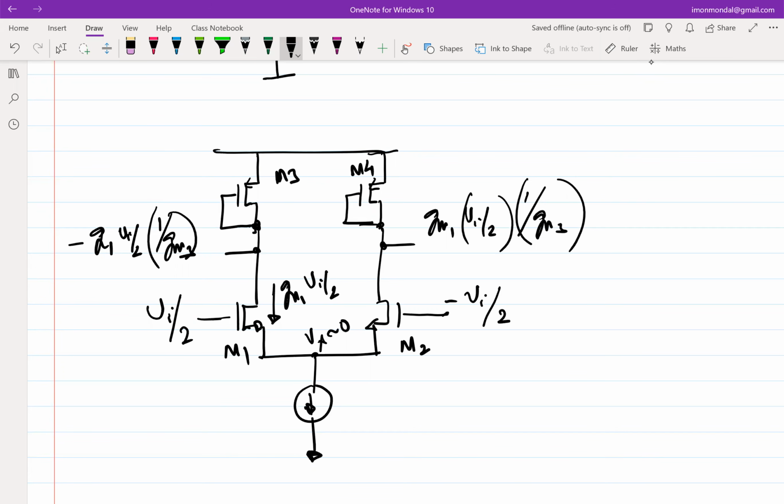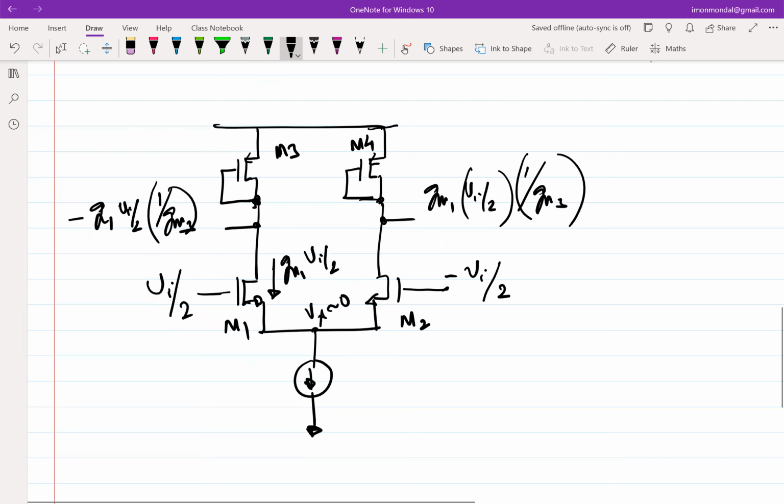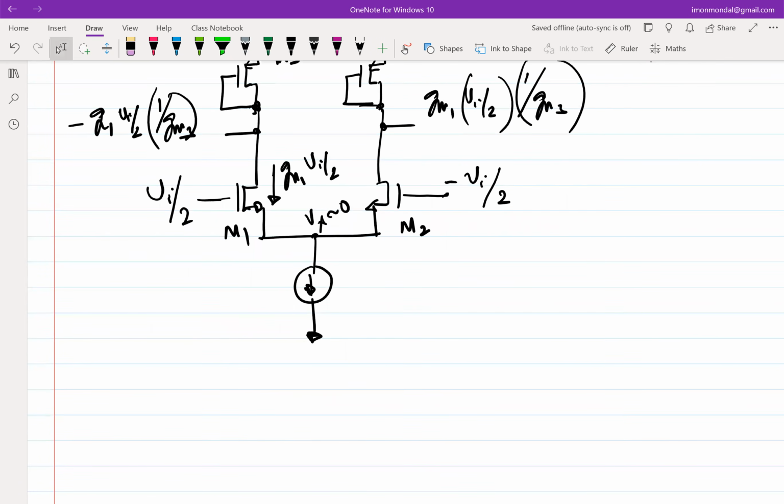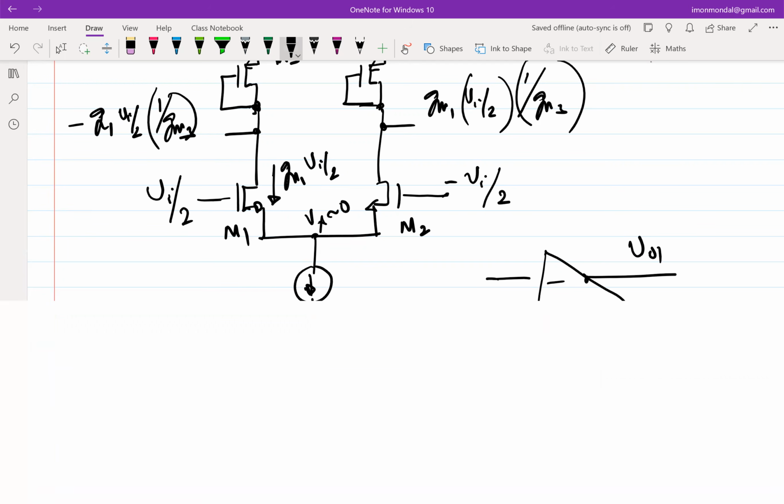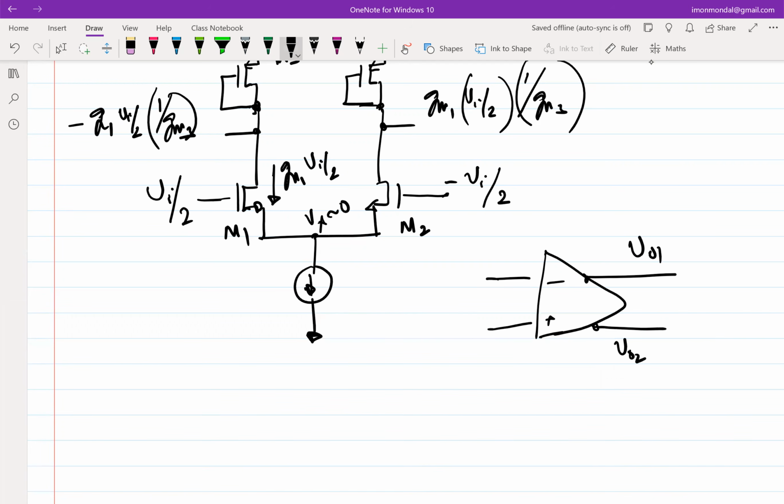So what I'm trying to get at here is that, let's assume you have an amplifier. In a Diffamp, you have two outputs and two inputs, right? Let's call it V01, V02, and this is Vi1, Vi2. But whatever we have done till now, using negative feedback, we're interested in only one output.